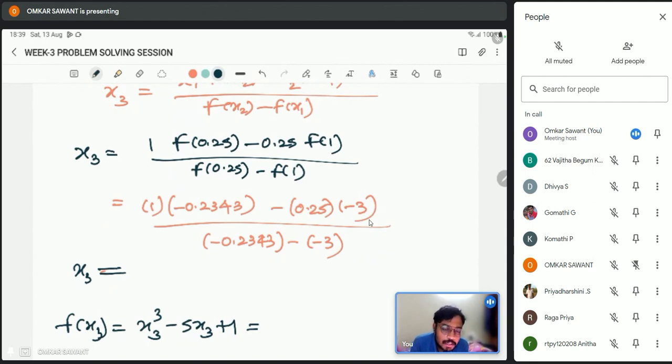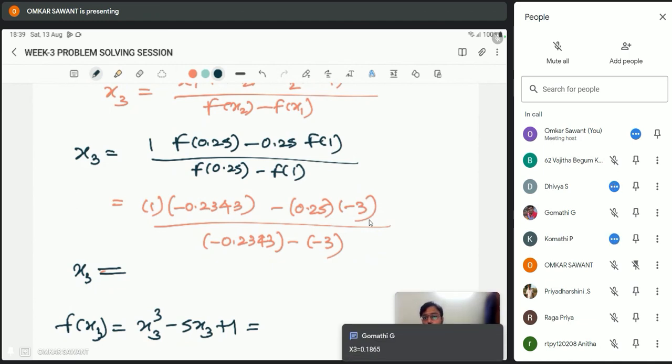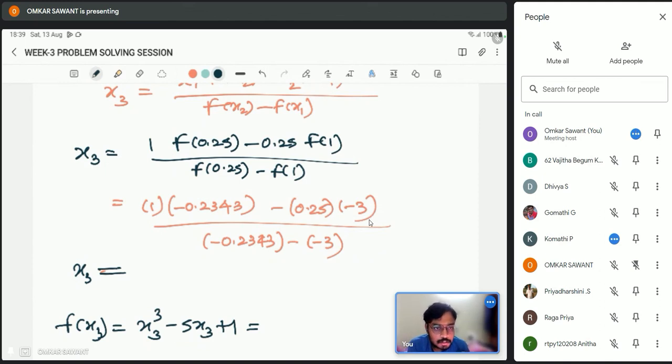Anyone calculating? Anita, are you calculating? Sir, just now I brought the calculator, doing. Okay, Divya, yes. Minus 0.15944, sir. No. Gomathi calculated the correct answer. Gomathi, what is your answer? Sir, my answer is 0.18646. Yes, 0.1864, correct.